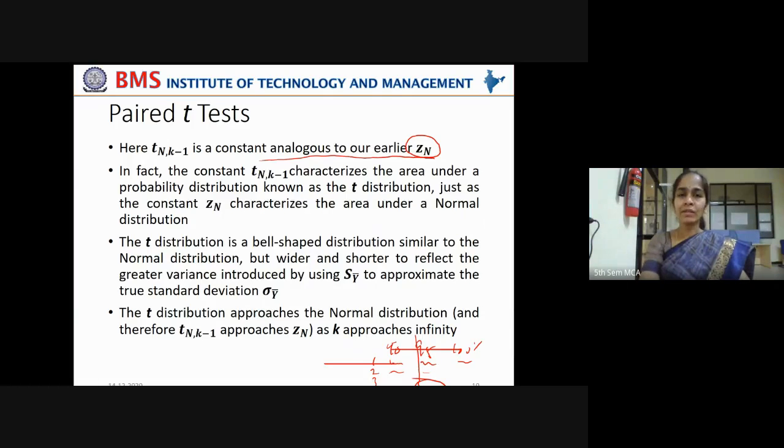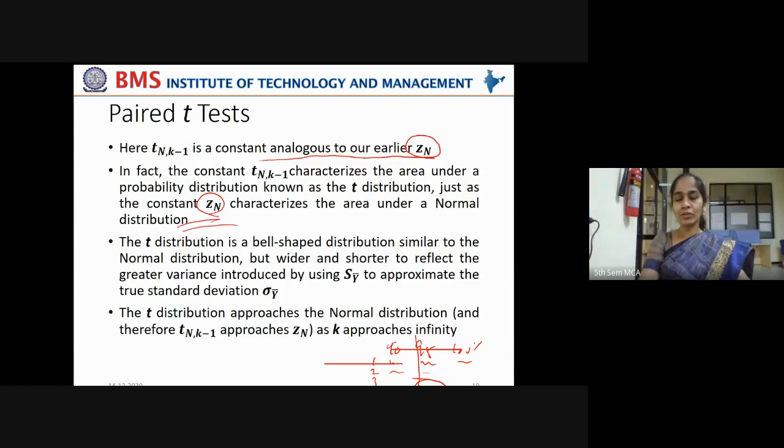You can locate it easily. Okay, so the constant t n k minus 1, that is why it is a constant. It is given in a table already established. Now, the constant t n k minus 1 characterizes the area under a probability distribution known as the T distribution. We call this distribution the T distribution because we are considering the critical value T. Just as the constant Zn, it is almost the same as Zn, characterizes the area under the normal distribution.